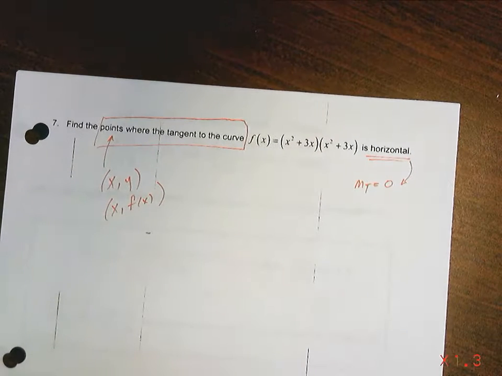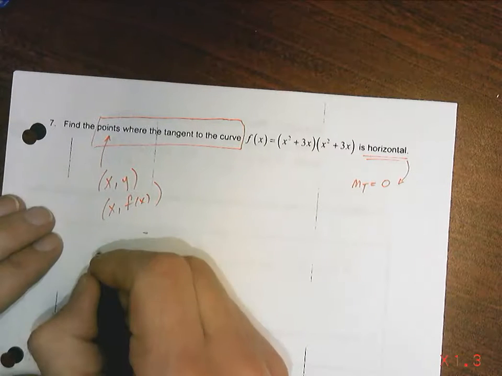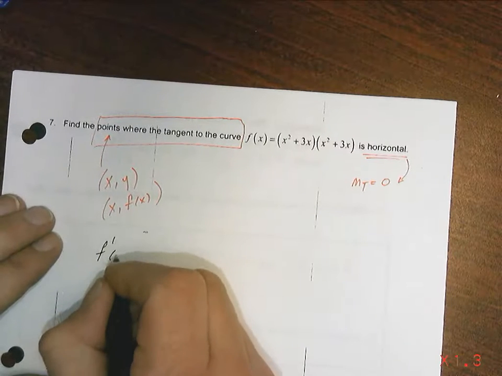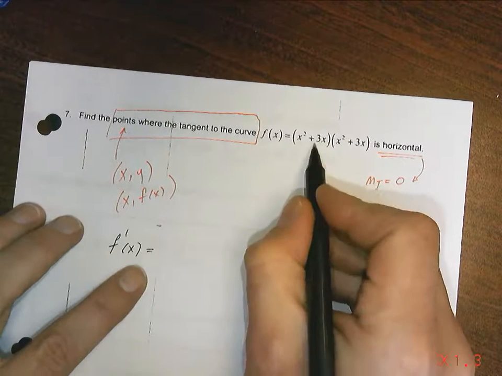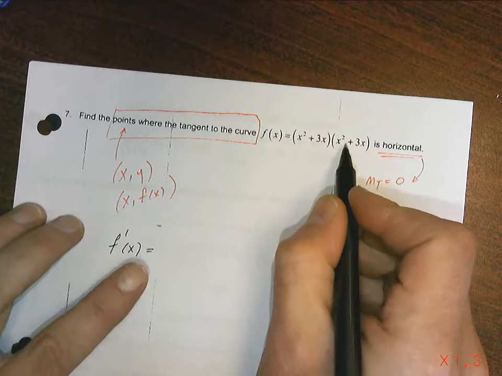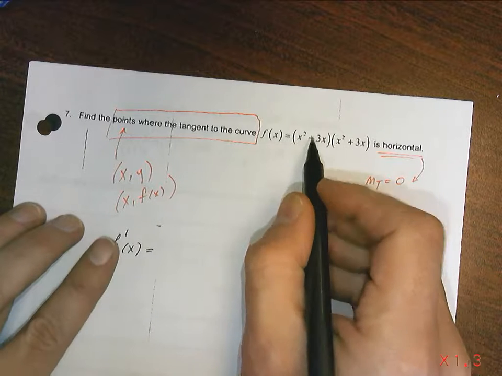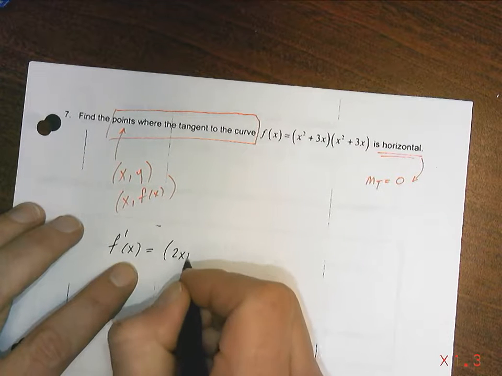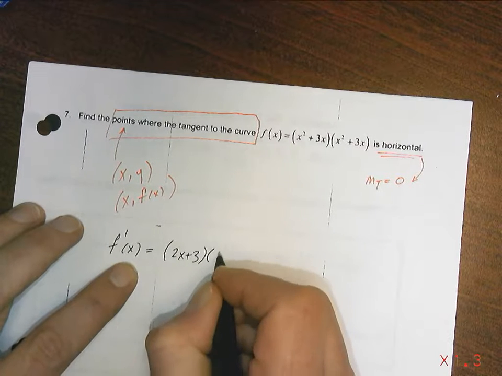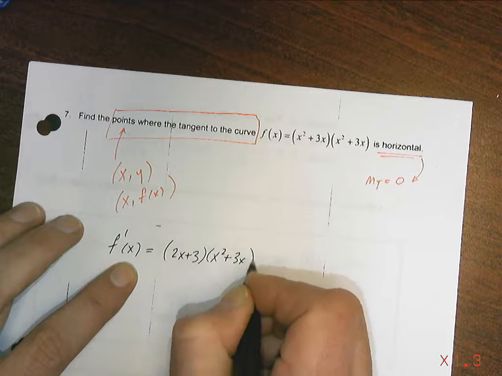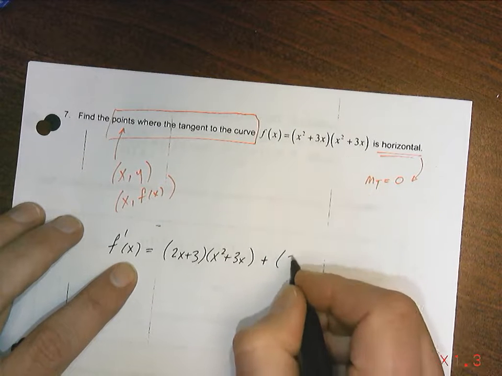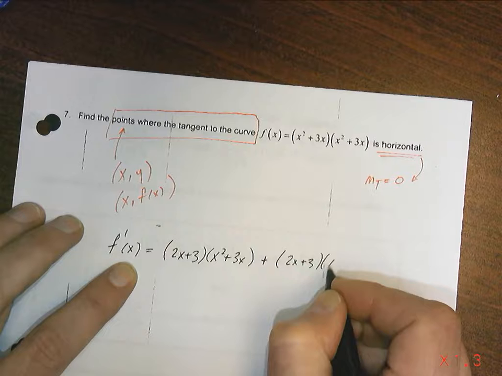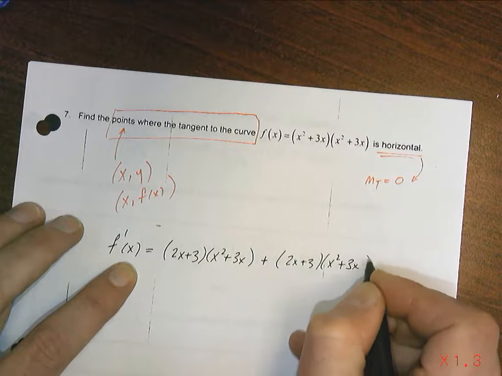Okay, so I guess what I need is the slope of the tangent. So the derivative of f of x is going to be the derivative of the first times the second plus the derivative of the second times the first. So it's 2x plus 3 times x squared plus 3x plus, did you notice that they're the same term? 2x plus 3, x squared plus 3x.